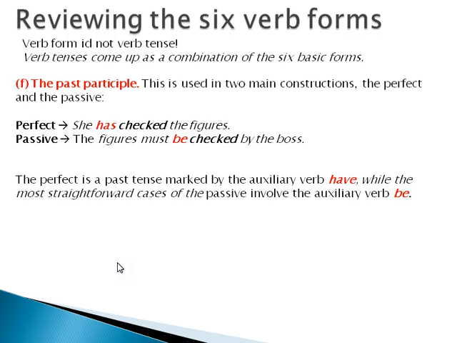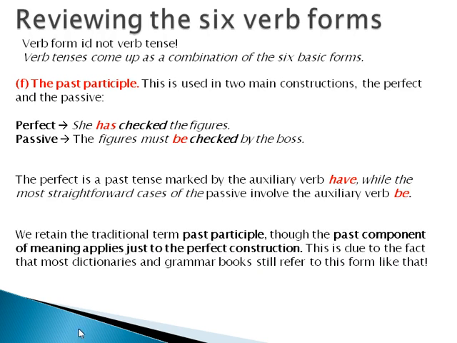So the perfect is a past tense marked by the auxiliary have, and the passive involves the auxiliary verb be. We retain the term past participle, though the past component of meaning applies just to the perfect construction, and not to the participle itself.